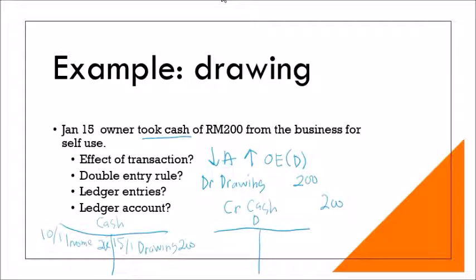So drawing, you can record is on the debit side, 15 Jan, cash of 200. So you can say that in the drawing account, cash is taken about 200. Okay, understand? Okay, let's proceed.